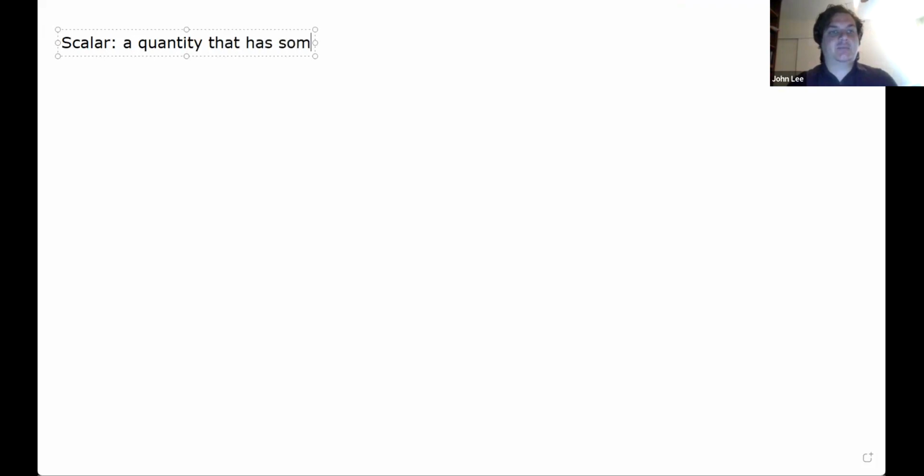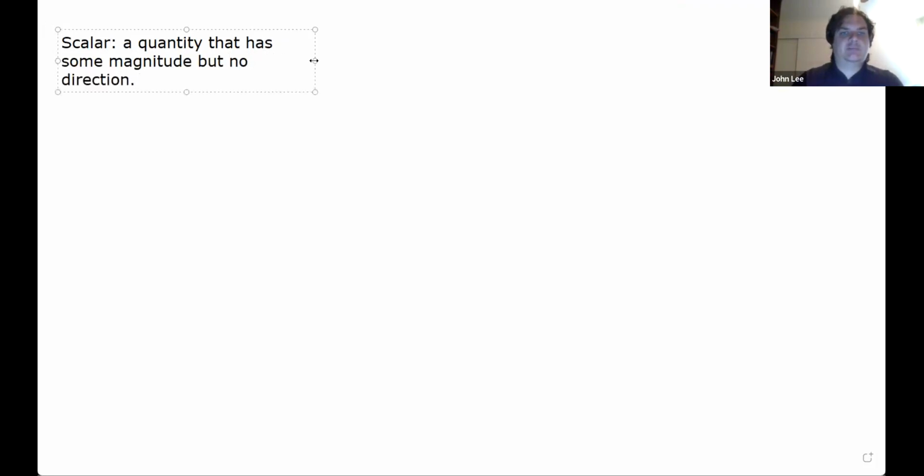So basically, what we need to define when we're defining vectors is we need to talk about the difference between it and a scalar. So a scalar is a quantity that has some magnitude but no direction.